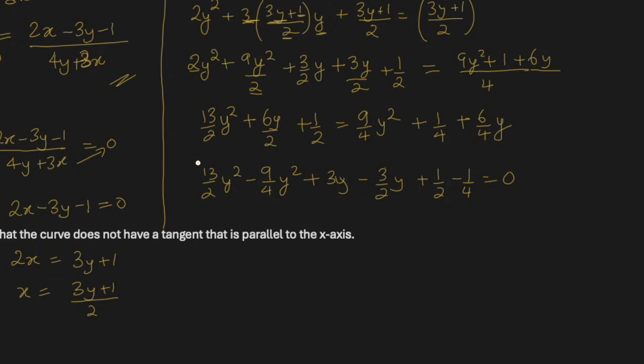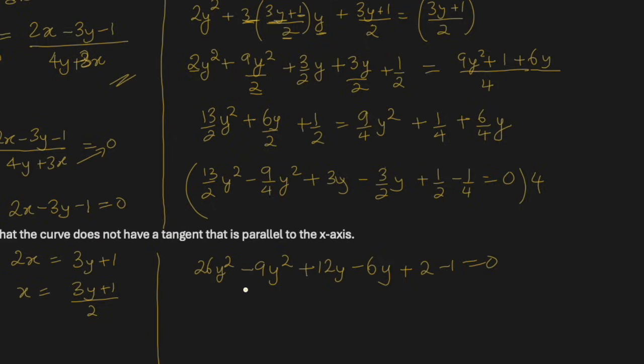So let's multiply the whole of it by 4 and see what happens. So 13, if I multiply this, 2 and 4 will cancel, so it will be 26y square. Then we have 9 times 4, 36 divided by 4, and 4 and 4 cancel, 9y square. Then 3 times 4, 12y, minus 12 over 2, 6y, plus 2 minus 1 equal to 0.